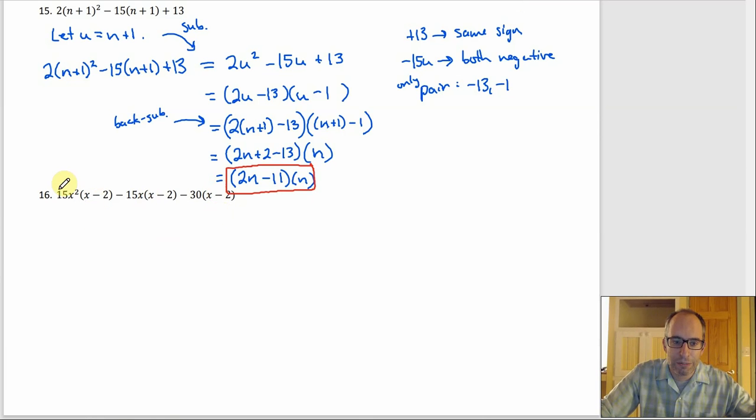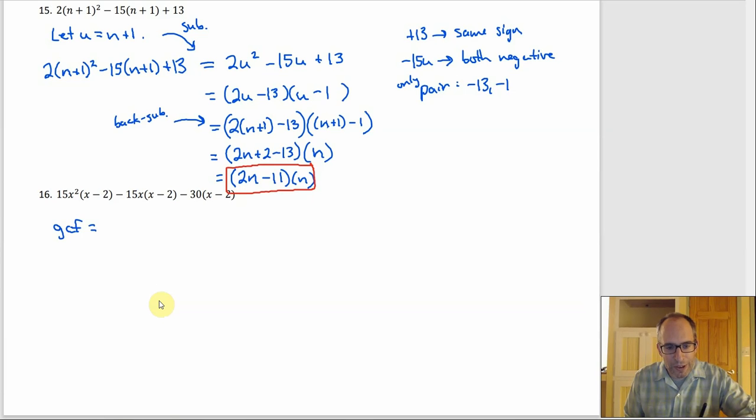And 15, 15, 30. Those three numbers are all multiples of 15, right? So what we could do with this, our GCF is 15 times x minus 2. So then we're going to factor that out.